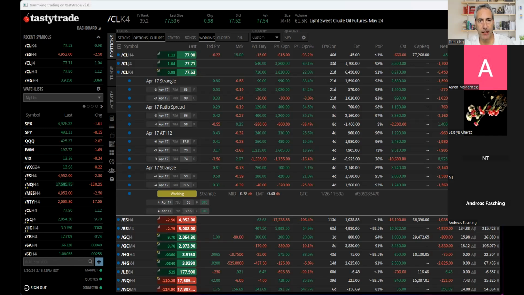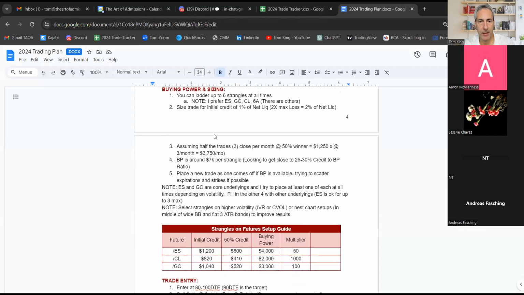Right, so here's the strangle strategy. I may go up to 6 strangles at all times, potentially. I will size the trade for an initial credit of about 1% of net liq. So with my net liq being 415 some odd thousand here, obviously 1% of that is pretty easy to get to, but that's as much as I want to take in on a credit, because again, a 2x loss should only be 2%, right?